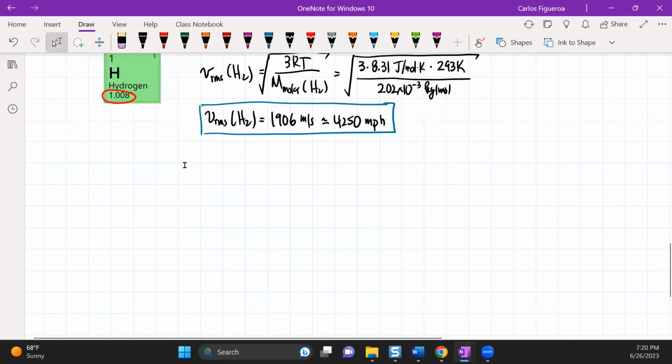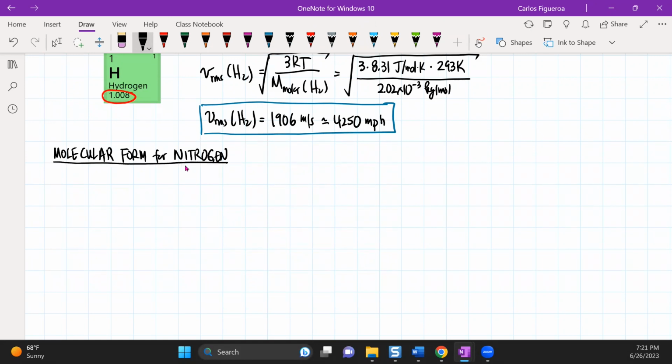Now, the other form that we want to talk about is the molecular form for nitrogen. Nitrogen gas is special because almost 80% of the air is nitrogen.